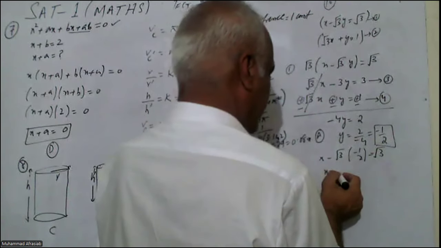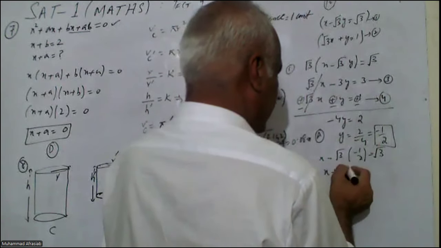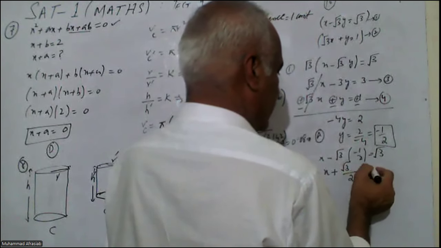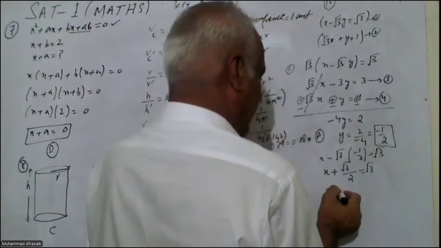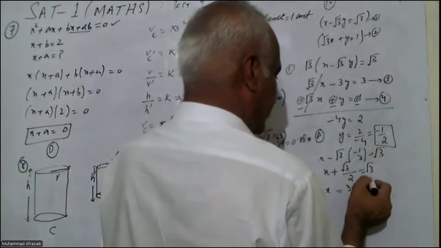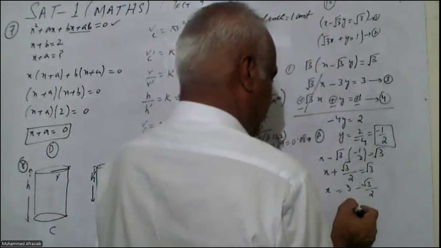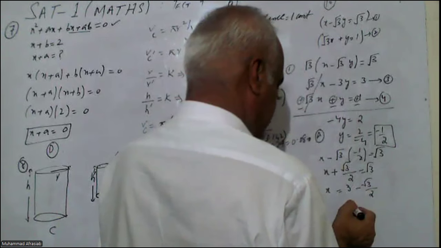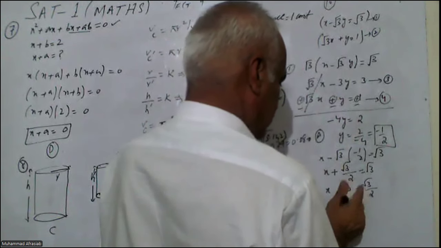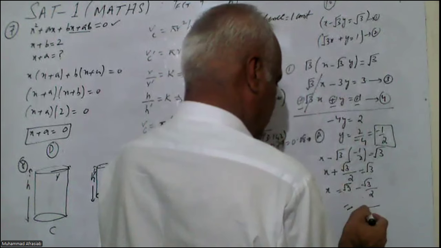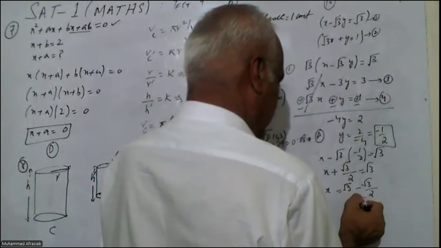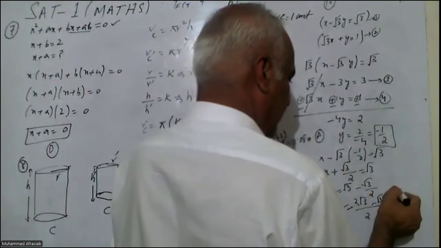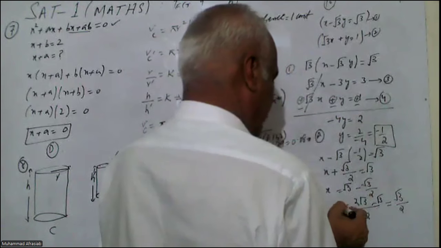So x, this minus minus plus, square root of 3 over 2 is equal to square root of 3. If 2 is the LCM, then it is 2 square root of 3 minus square root of 3, and that is equal to square root of 3 over 2, the value of x.